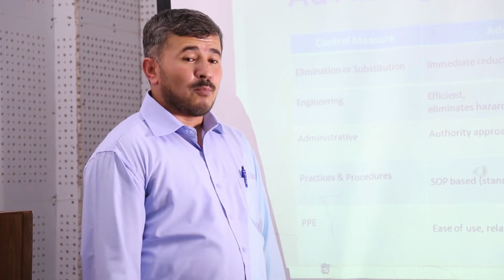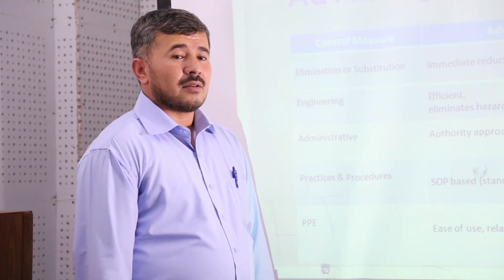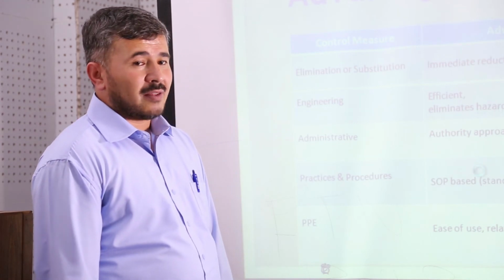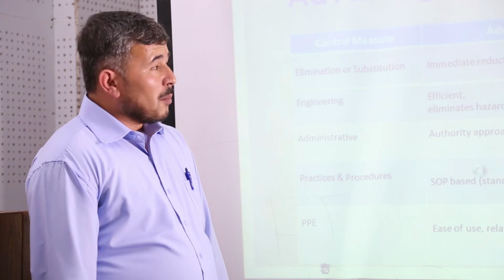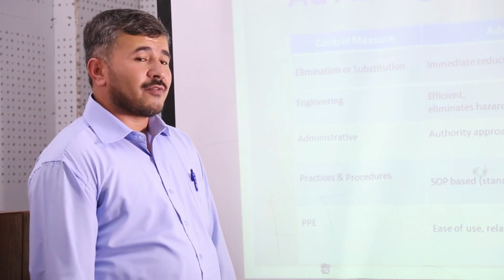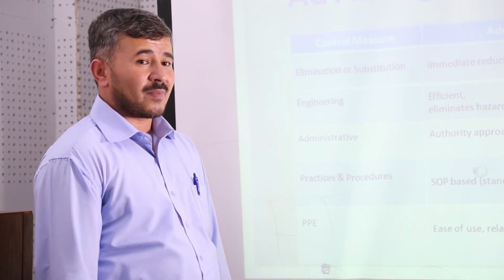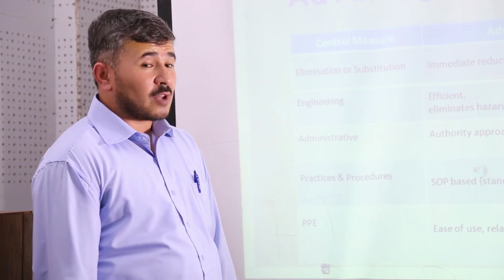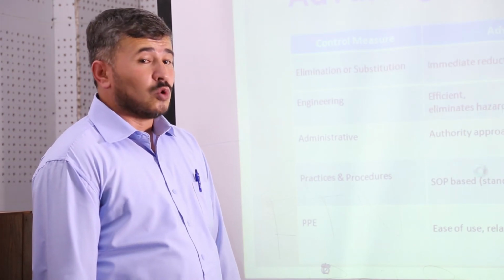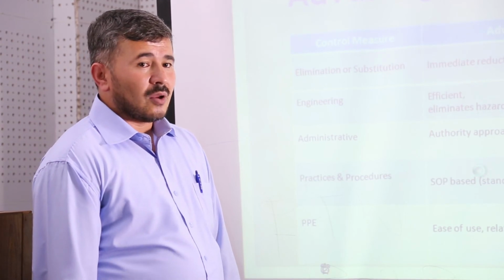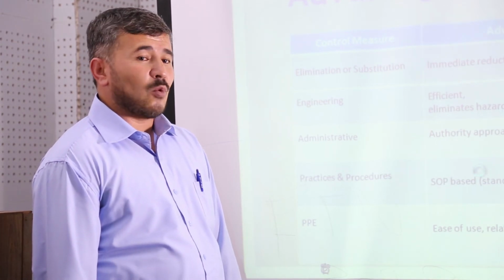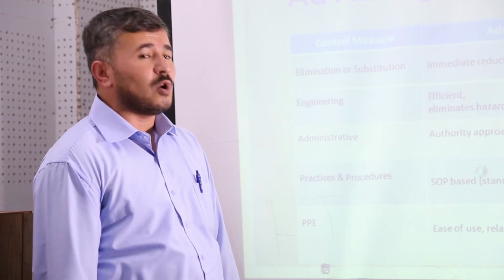This is the most important advantage of elimination or substitution. But most of the time we cannot do it. Most of the time it is not available to do the work with a less virulent agent. Or most of the time we cannot close the project. We have to do it.